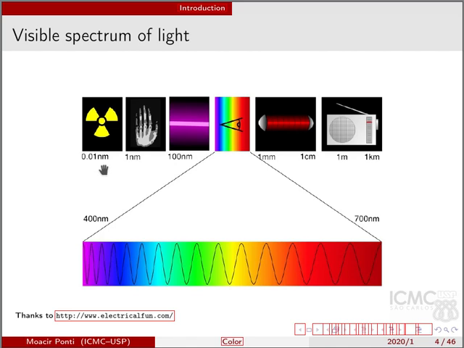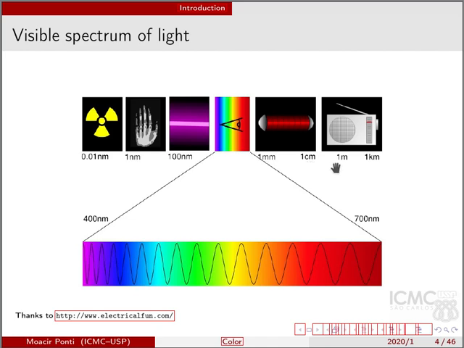Those waves are so small that they can cross objects, and that's why they are often used, for example, for medical imaging. For waves that are larger than 700 nanometers, we have the infrared spectrum that ranges between 1 millimeter to 1 centimeter and can be, for example, near infrared or far infrared, and those waves are associated with heat when they are larger.